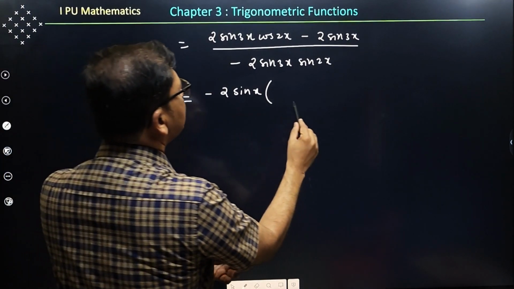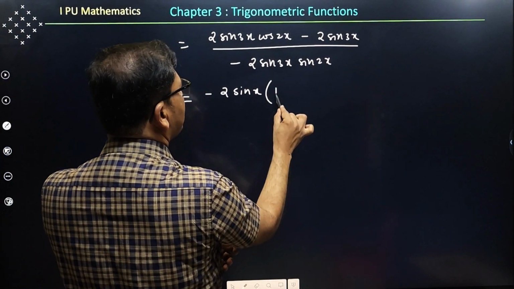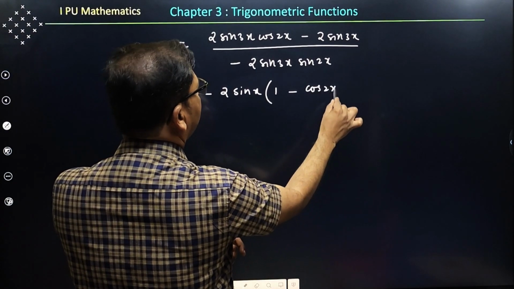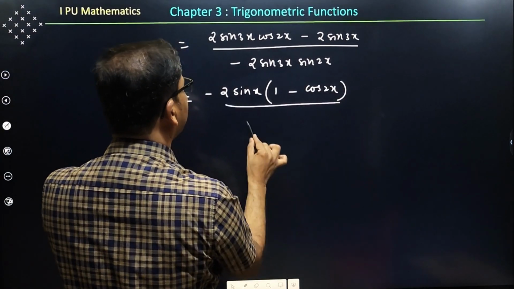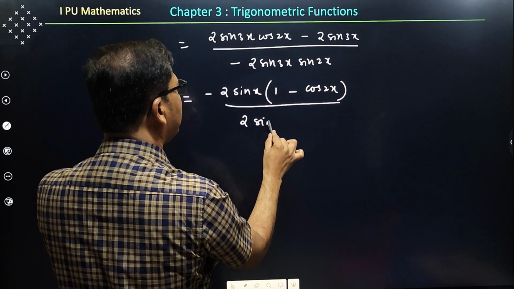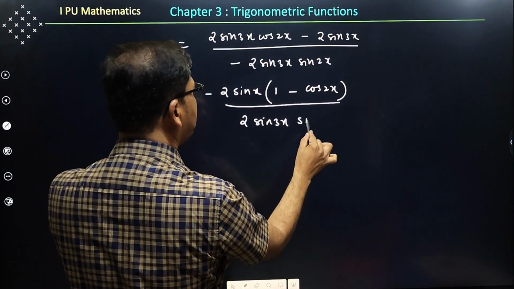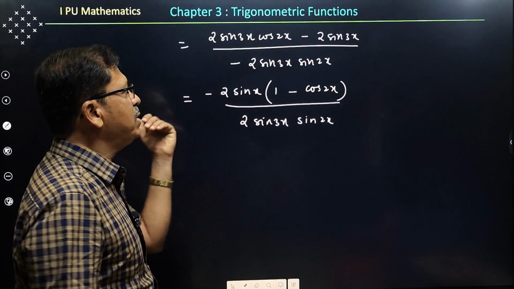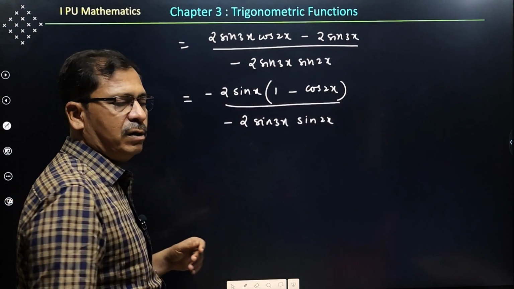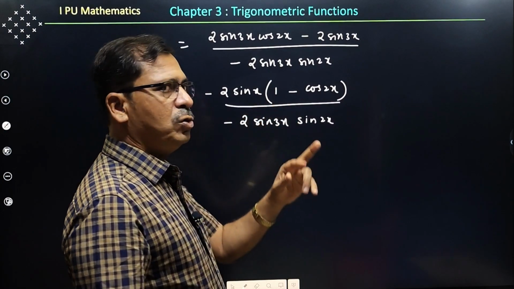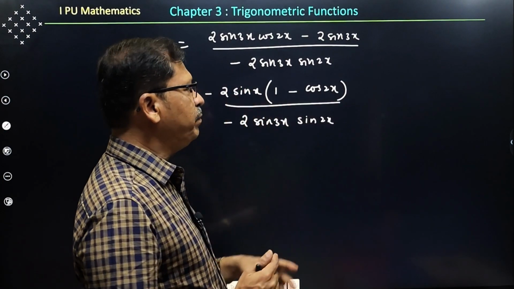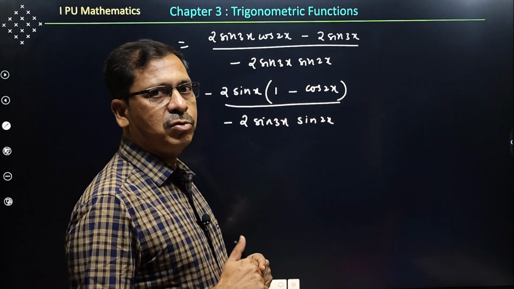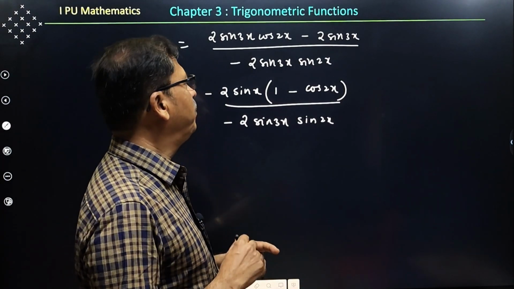And what happens? 1 remains, minus of cos 2x remains: 1 minus cos 2x divided by 2 sin 3x into sin 2x. This is a very tricky step. Try to understand. I have taken the negative sign. Minus is already there here. To eliminate this negative sign, at the same time, we have the formula for 1 minus cos 2x.